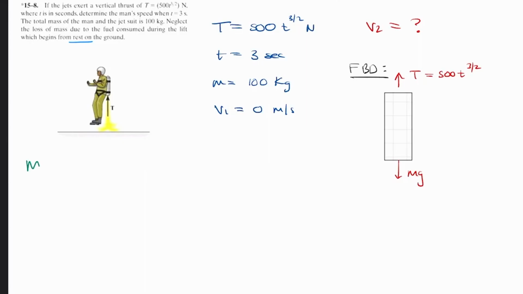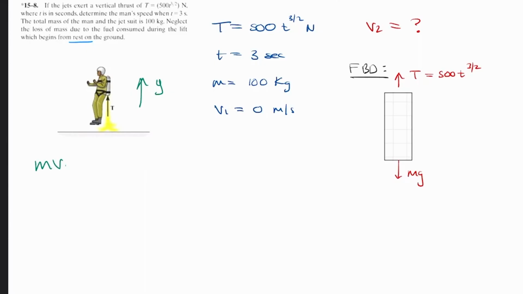So we have mv1 plus, in this case, this is only moving in the y direction, right? I don't need to break into components. Everything is just going in one direction, so I don't have to write x and y. I'm just going to keep it general.